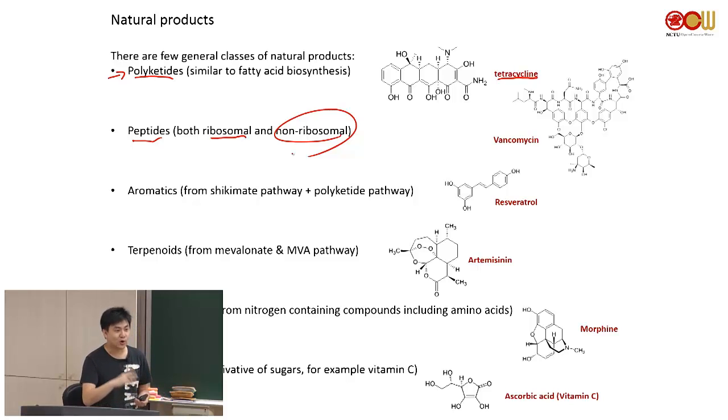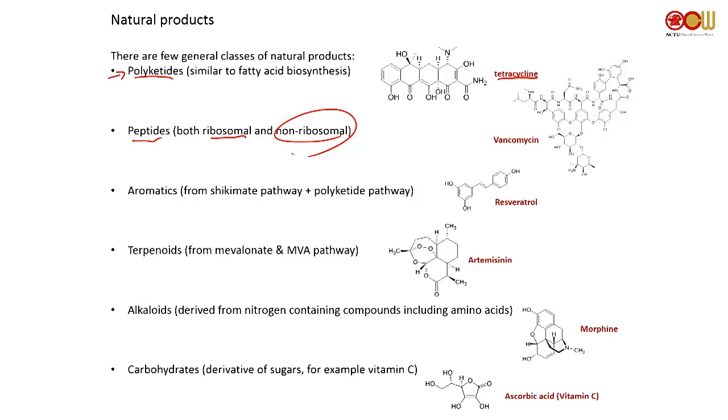It's not through codons, ATG, GGG and so on, not through translation that you get these proteins. For some small peptides, you can use enzymes that take amino acids and react two amino acids together. That is called NRP, non-ribosomal peptides. You also have aromatics, from the shikimic pathway plus the polyketide pathway. We'll talk about the shikimic pathway later, when we talk about aromatic amino acids.